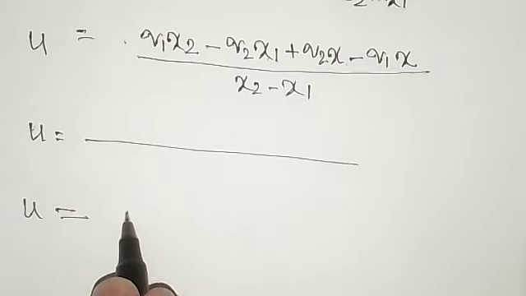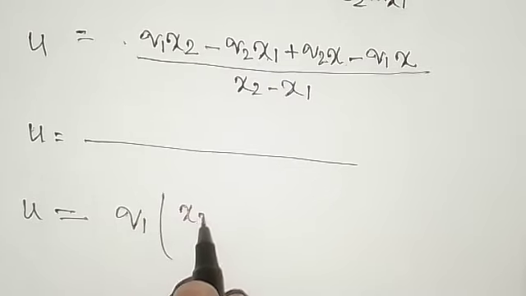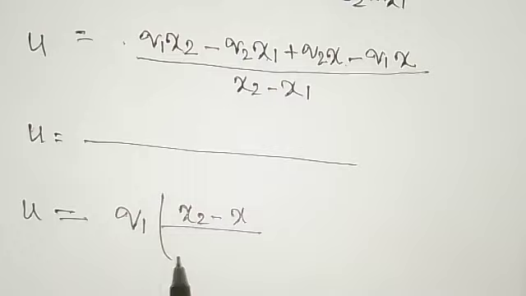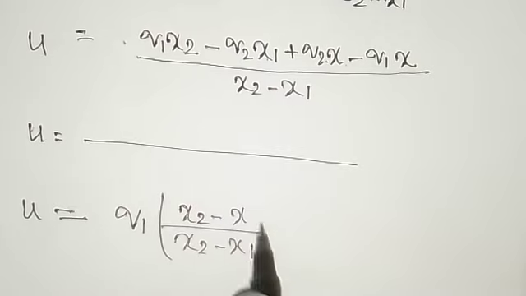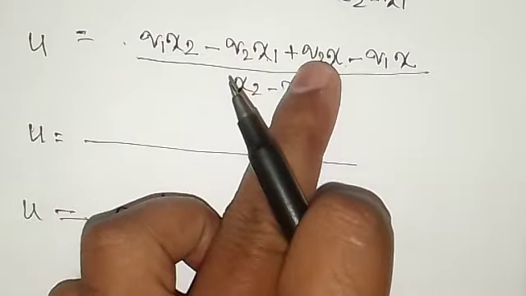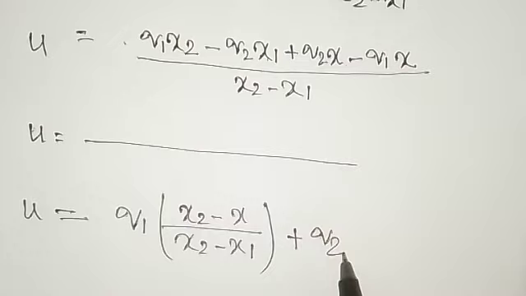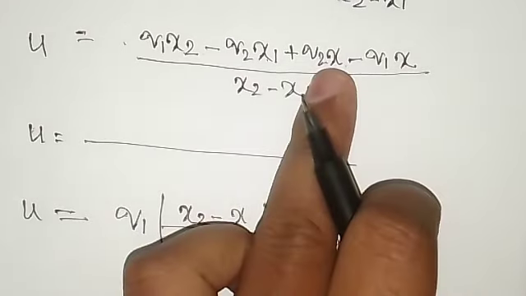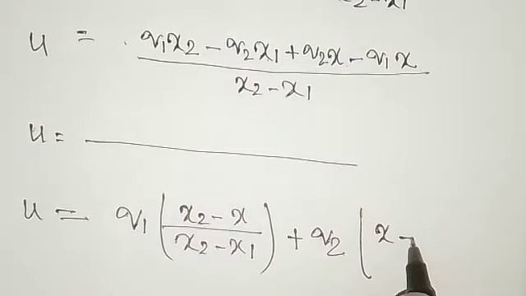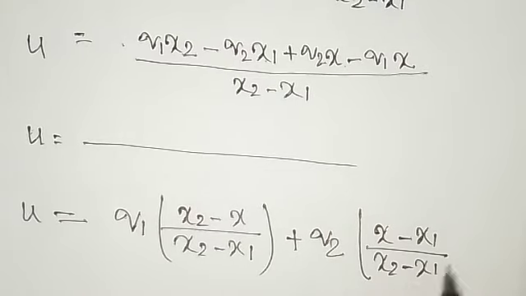So when I take q1 common, it becomes x2 minus x by x2 minus x1, right? This minus and this plus, right? In this plus we take q2 common, so it will become x minus x1 by x2 minus x1, right?